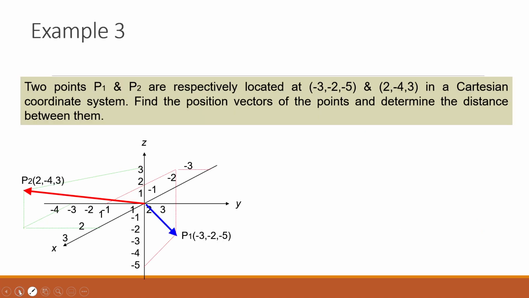The third example: two points P1 and P2 are respectively located at -3, -2, -5. See how to plot it. X is -3, the front is positive, so negative is behind.